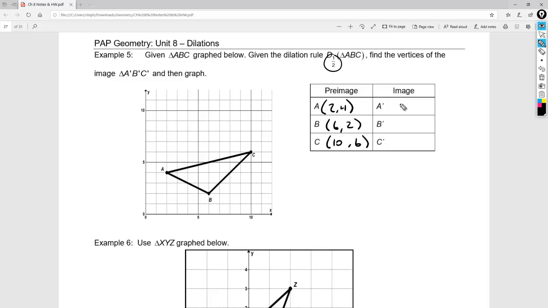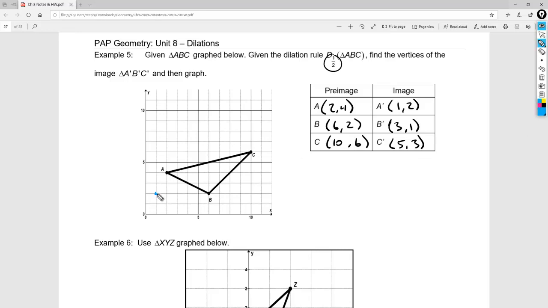Okay, my image is just multiplied by 1/2. Okay, so 2 times 1/2 is 1. I'll end up with 2. This will be 3, 1. This will be 5, 3. Okay, so let's give this a graph. So we're at 1, 2 for A. Again, let's use a different color.